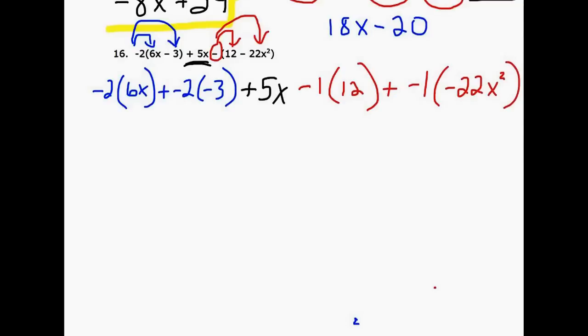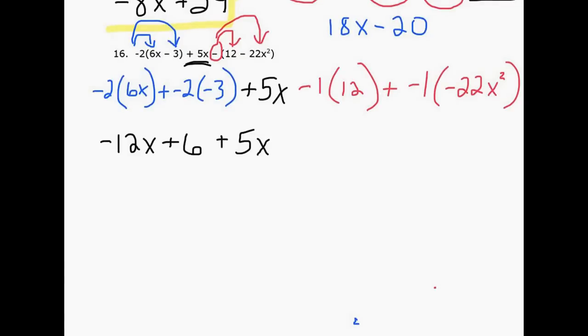All right, so now let's multiply out what we have. I'm going to do this in black. We got negative 2 times 6x is negative 12x. We have negative 2 times negative 3 is plus 6. Then we bring down our 5x. He's not hurting anybody. We have negative 1 times positive 12.